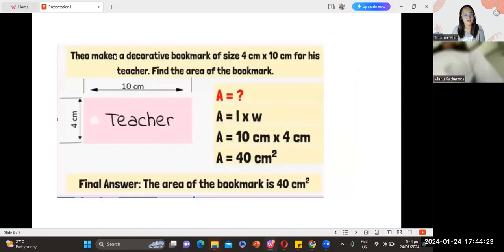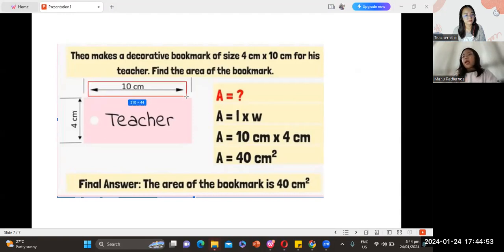Okay, next. Here we have another example. Theo makes a decorative bookmark of size 4 centimeter times 10 centimeter for his teacher. Find the area of the bookmark. What is the length of the bookmark? 10.